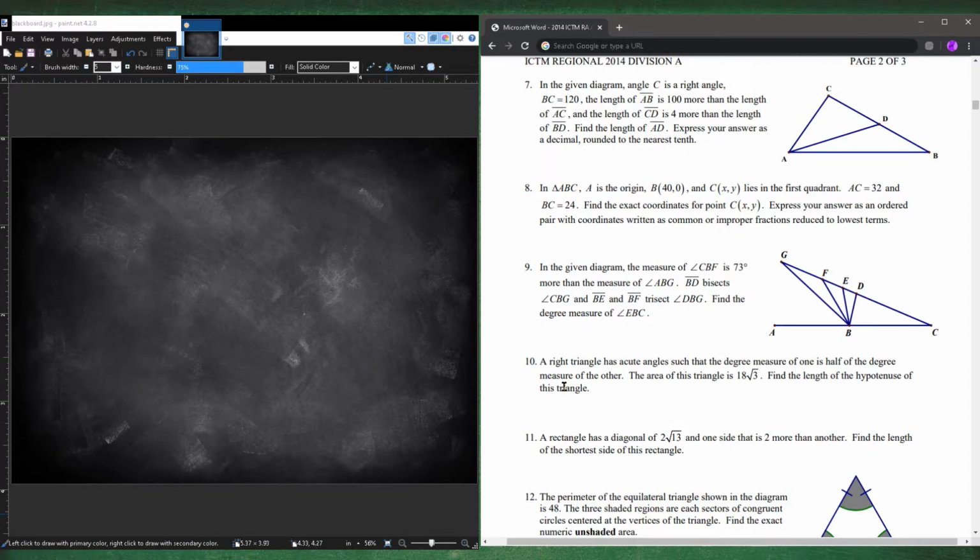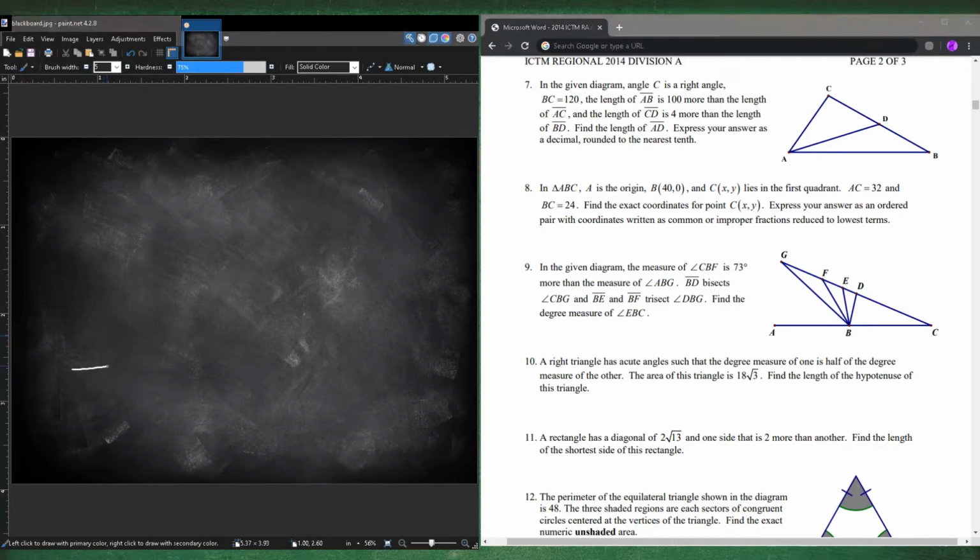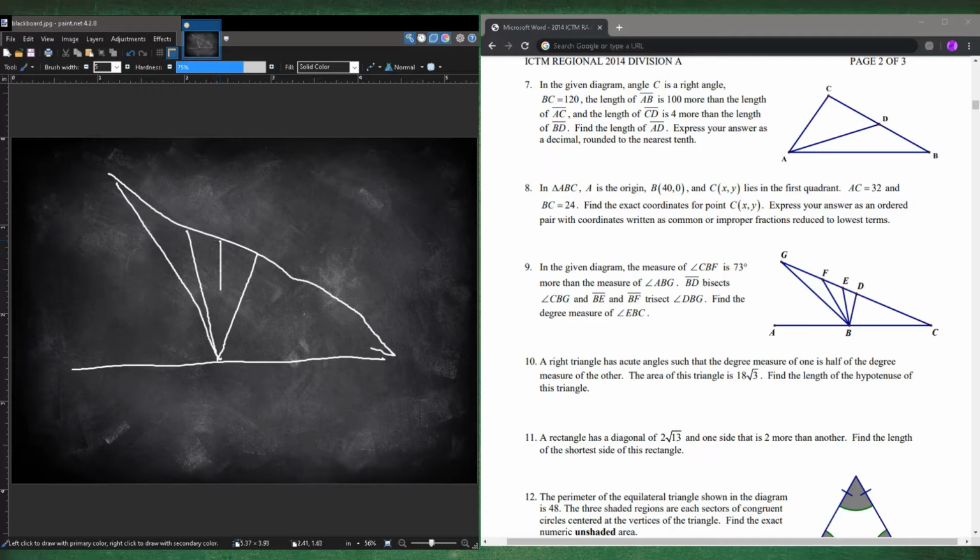Number 9. In the given diagram, the measure of... Okay, so let's kind of draw this out again. Like this, and 2 more. So angle CBF is 73.